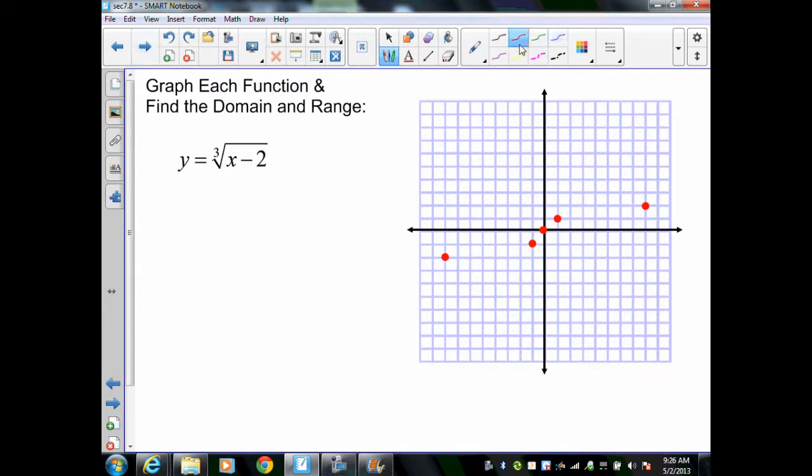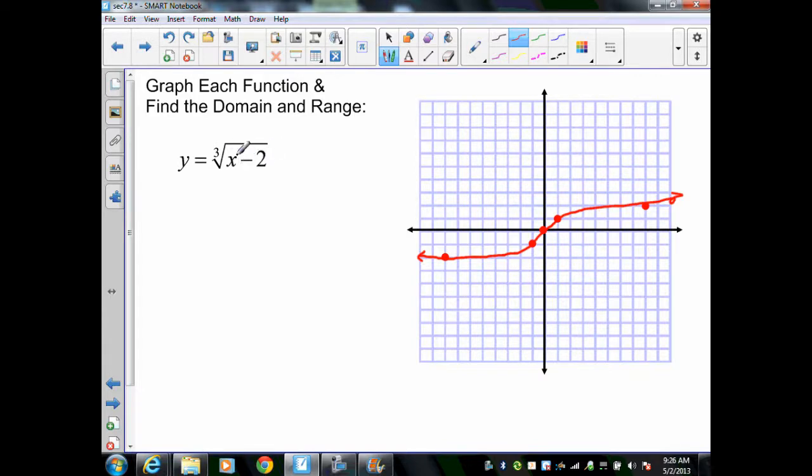Again, I have my ordered pairs for the cube root of x plotted, so I can graph those in. That's y equals the cube root of x. Now I need to translate this 2 units to the right, since this constant is inside of my radical.